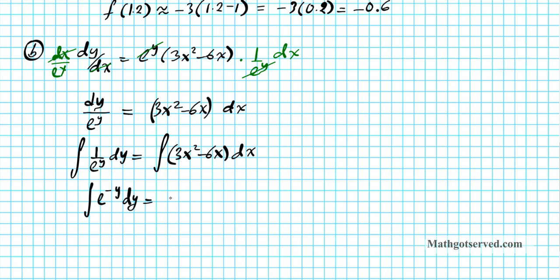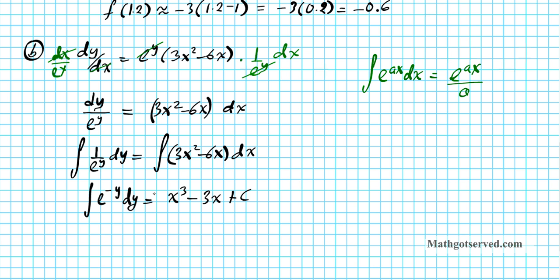This is pretty easy to evaluate, so this is going to be 3x to the third over 3, which just comes out to x to the third, minus 6x squared over 2, which is 3x squared, plus c. And then to evaluate this integral, remember the formula we went over earlier. If you have an integral of e to the ax dx, using u-substitution, you end up with e to the ax over a.